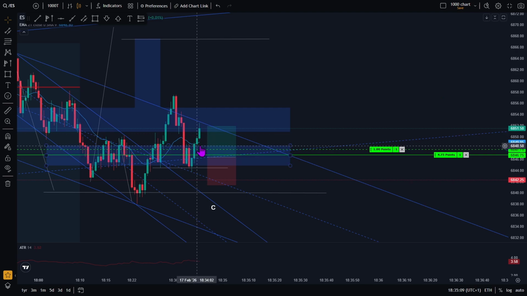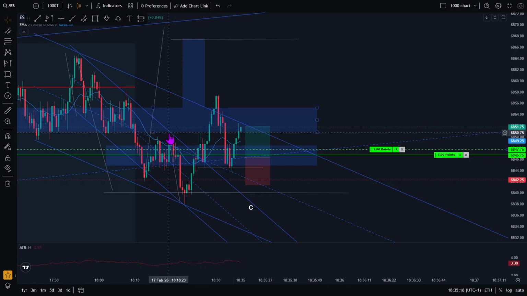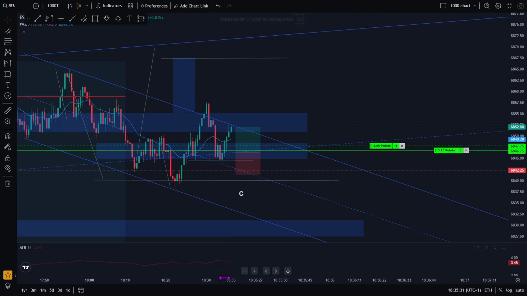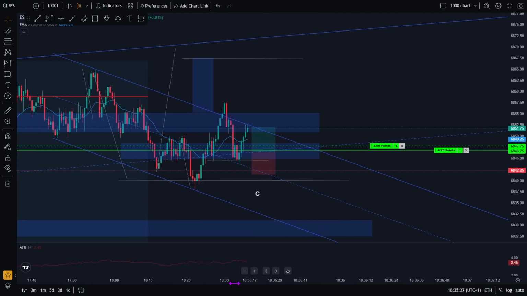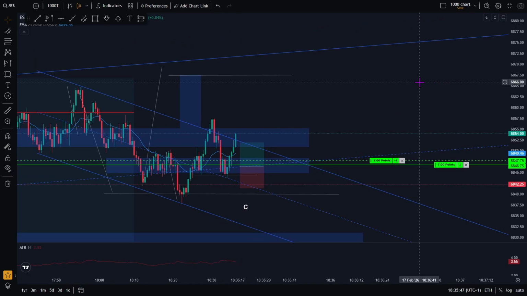Now we have a pullback here, but as you can see, there is also a kind of channel that we have to respect. This channel seems not to be a problem, and you can see these short sellers are just exiting their positions.